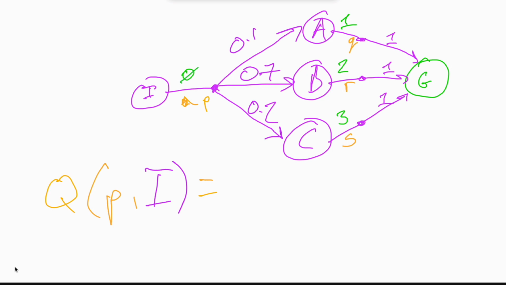It's a sort of silly example, but I'm going to execute action P, and then I'm going to reach either A, B, or C with some probability. And then when I reach A, B, or C, all I can do is execute the one action that's there to get me to my goal.